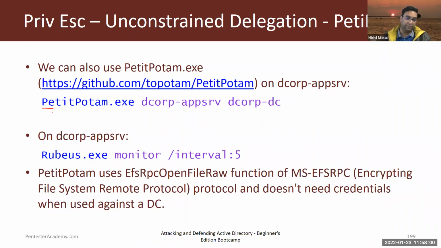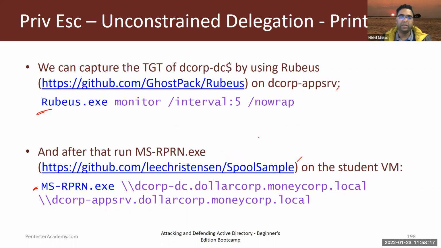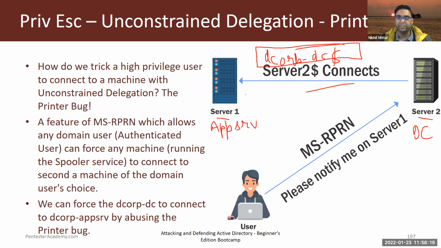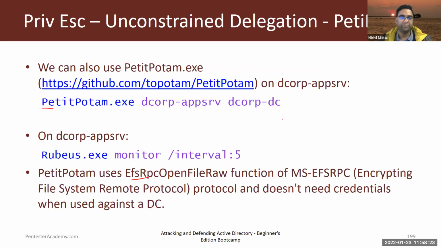It doesn't even need credentials when used against a DC. That is, it can be run even from a non-domain joined machine. And the function works even if the service is not enabled. So the idea is to somehow trigger an authentication from the DC to the machine that has unconstrained delegation enabled. Right?